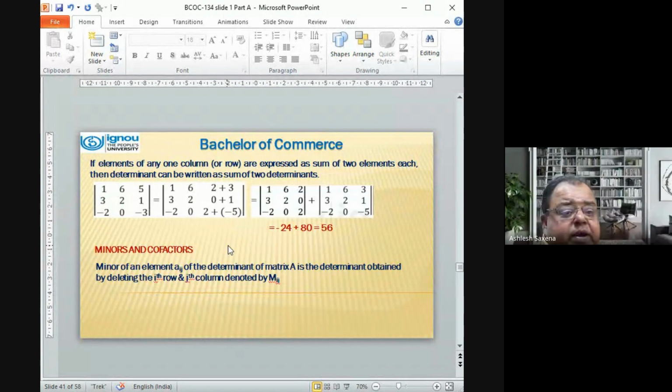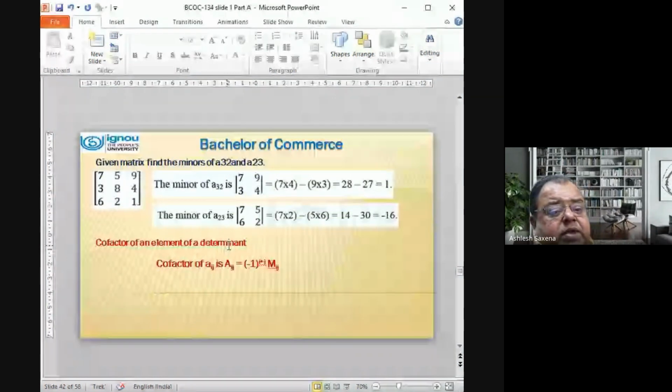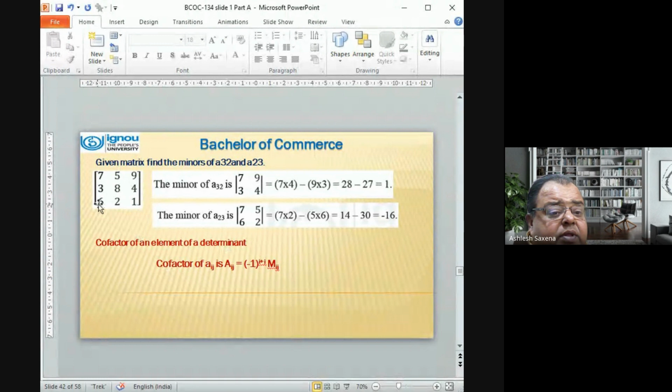Now see, you are given a matrix. This is a 3 by 3 matrix. You have to find the minor of A32. A32 means third row, second column. Remove the third row and second column.